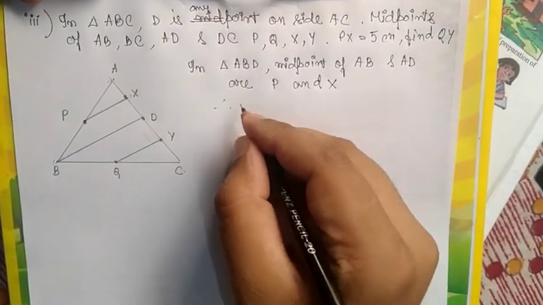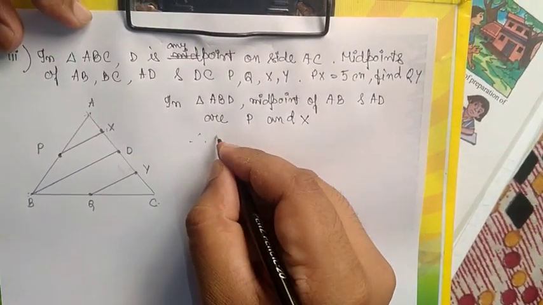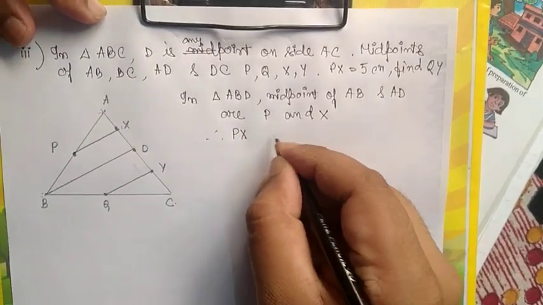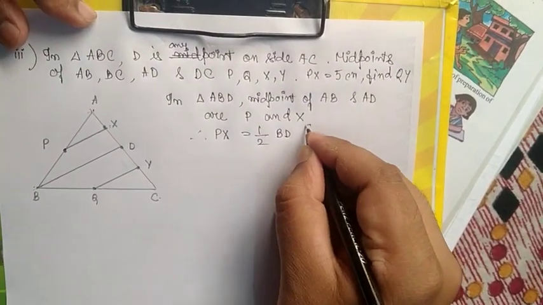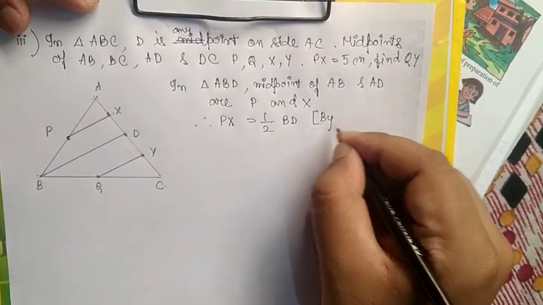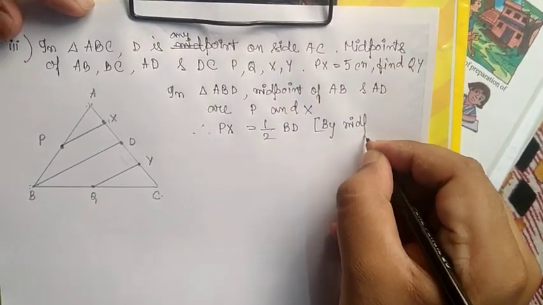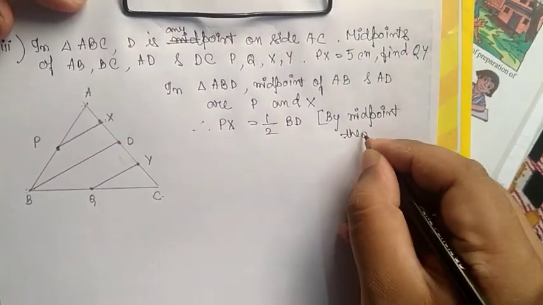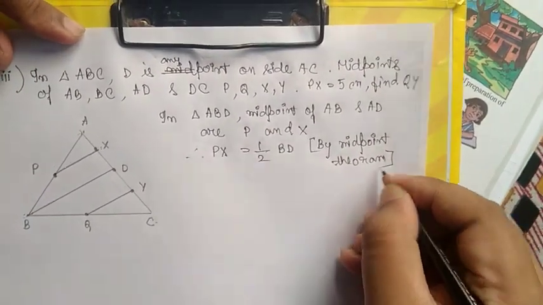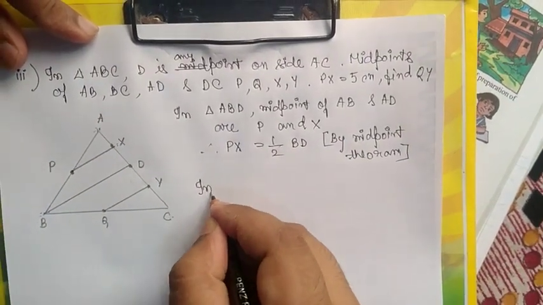So therefore we can say PX equal to half of BD by midpoint theorem.